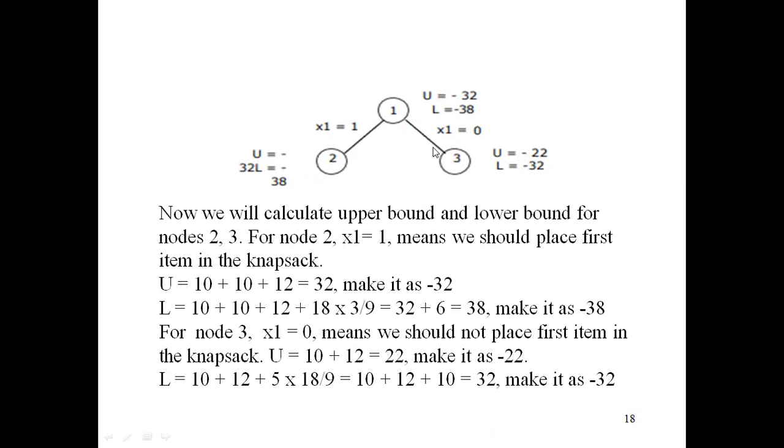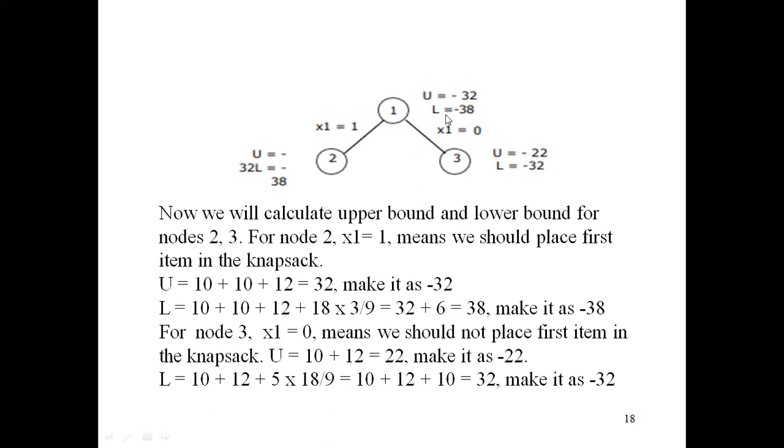In the second branch, we consider the situation that the first object is not considered. So x1 equal to 1 indicates the first object is included in the solution, and x1 equal to 0 indicates the first object is not included in the solution.